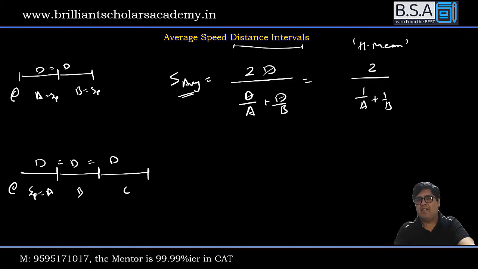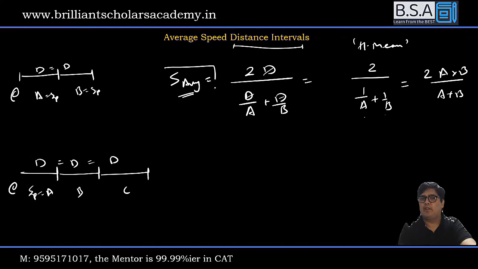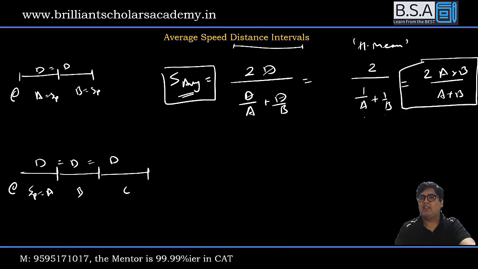The speed average is the harmonic mean of A and B. When you rearrange, it looks a little better: 2AB upon A plus B. I want you to remember this as a formula for speed average only when the distance is the same.